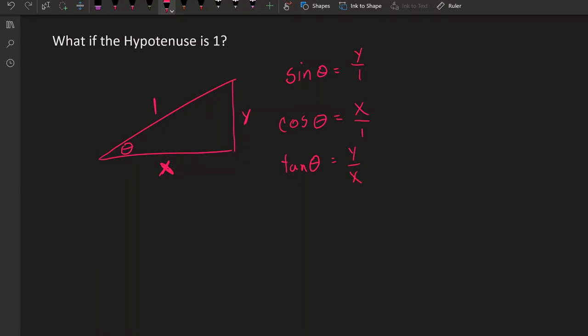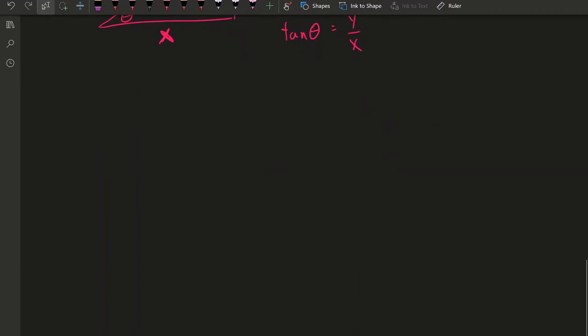Now, since the hypotenuse is 1, we could say that the sine is just y, the cosine is just x, and then tangent is still y divided by x. Now, this particular fact right here leads us to develop something called the unit circle.